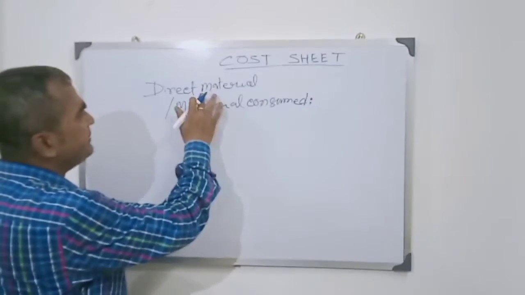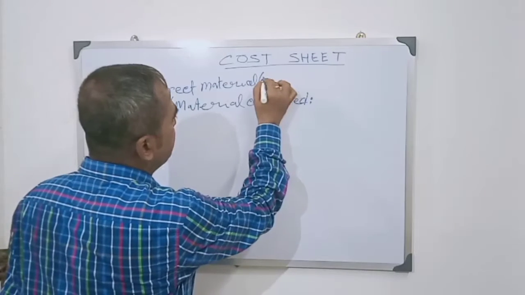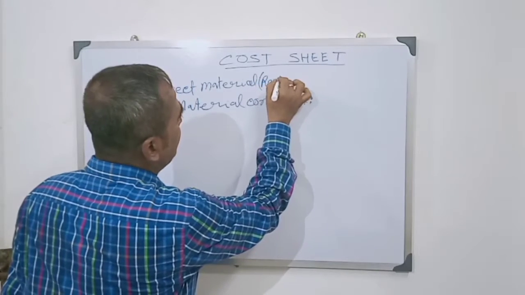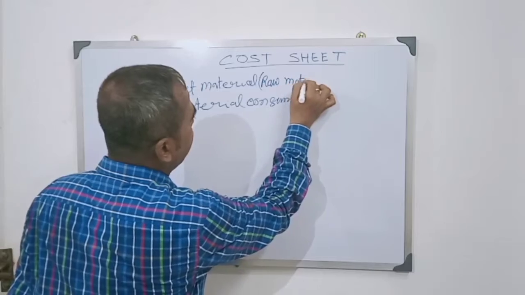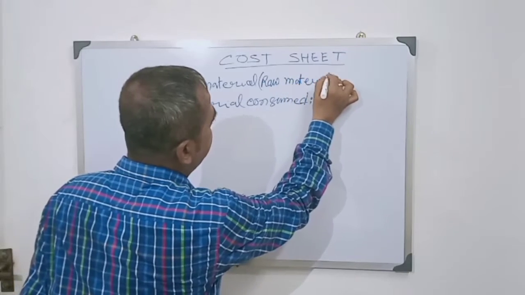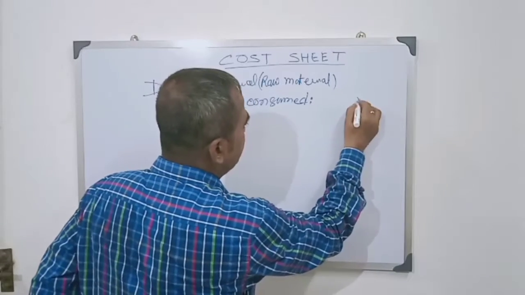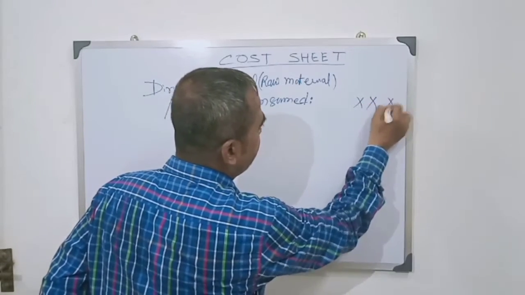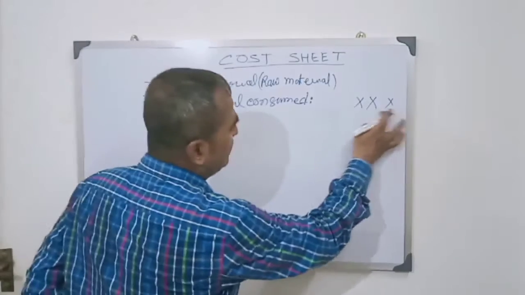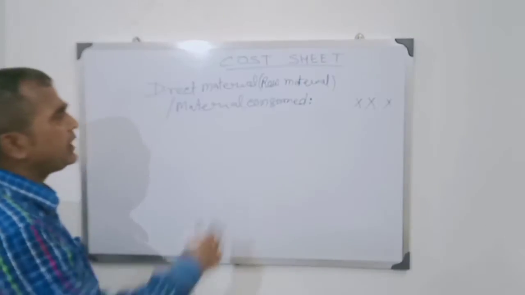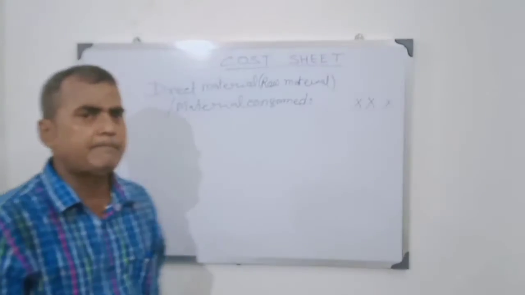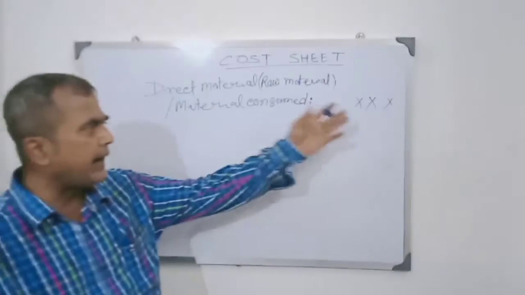Direct material means raw material, obviously raw material. Now, for raw material or material consumed, we find the figure. It could be like 10,000, 20,000, 50,000. How do we arrive at it?